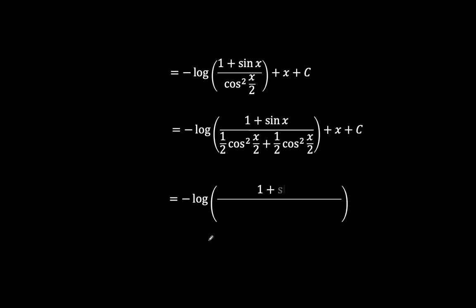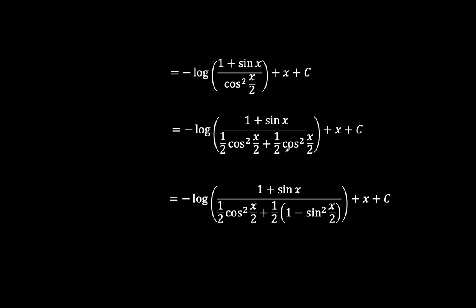That means that now we have negative natural logarithm of 1 plus sine x over half cosine squared x over 2 plus a half cosine squared x over 2, which is the same as 1 minus sine squared x over 2, since we have the identity sine squared x over 2 plus cosine squared x over 2 equals 1. So cosine squared x over 2 is the same as 1 minus sine squared x over 2.